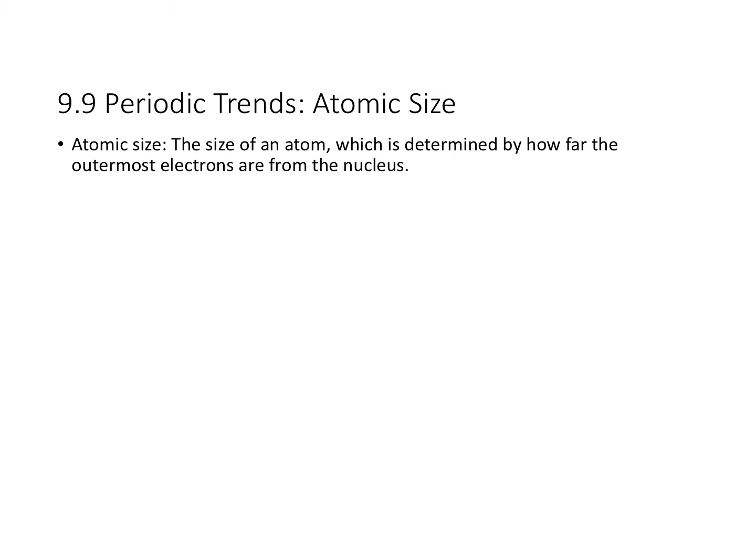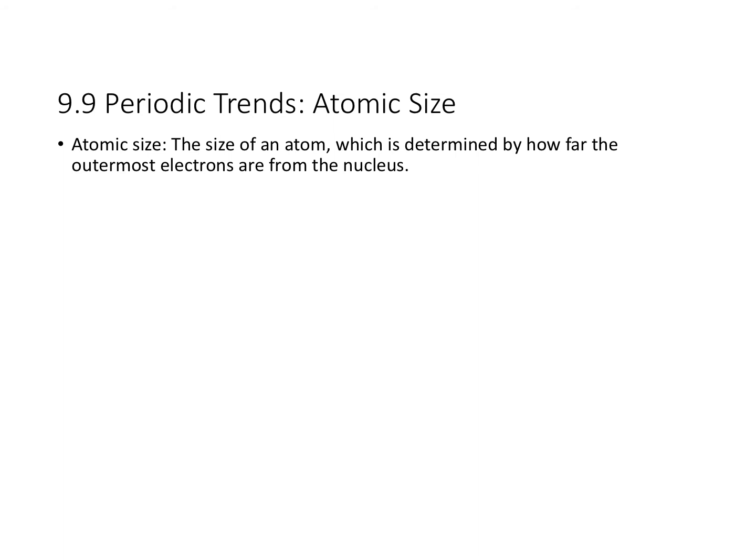But regardless, some properties are repeated in each group of elements. Now what we want to study is, if we go up to down in each family or group in the periodic table, or left to right or right to left in each period or row, what happens to certain properties that we're going to talk about in this class.